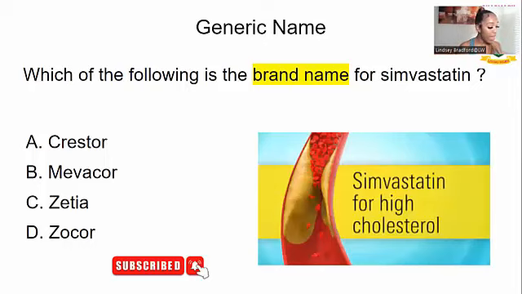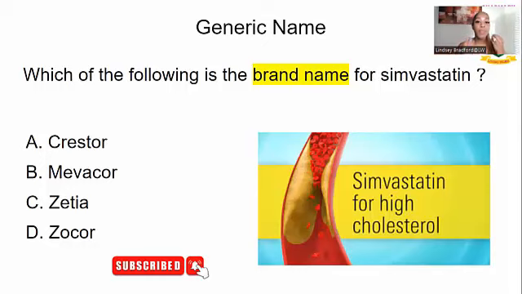We know that if the patient is taking a statin, without us having to look too much, we automatically see statin, high cholesterol, statin, high cholesterol, okay? Crestor is used to treat high cholesterol. Zocor is used to treat high cholesterol, okay?